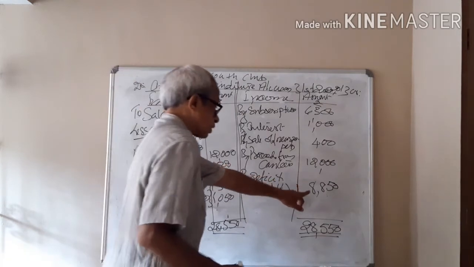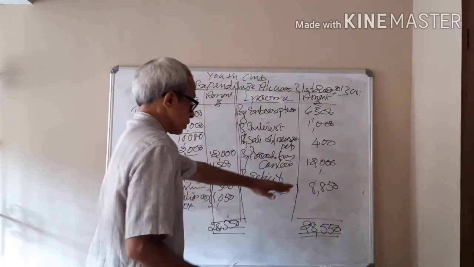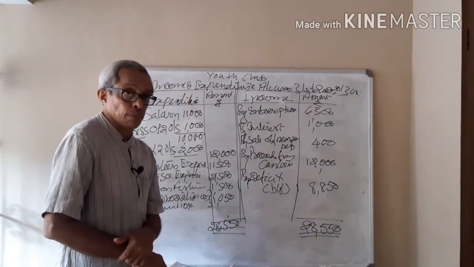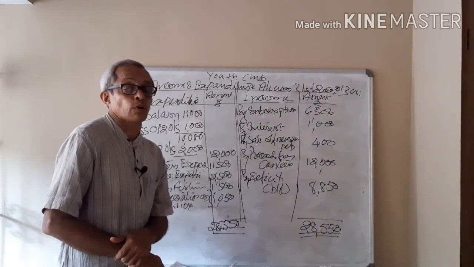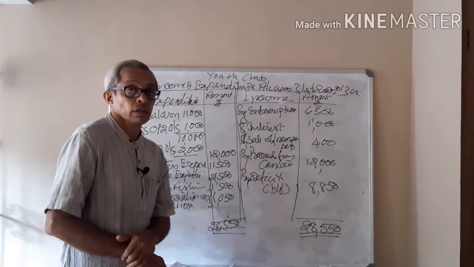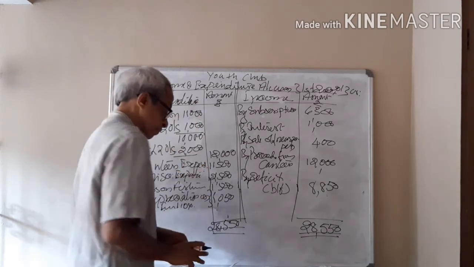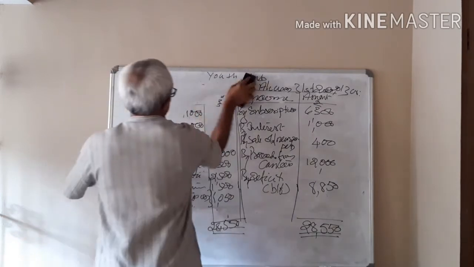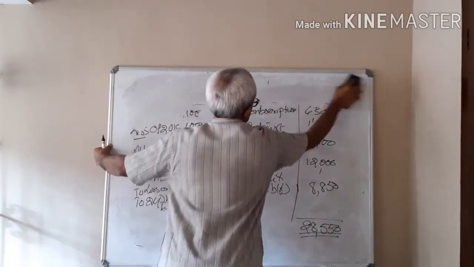Deficit figure is 8,850. This 8,850 may be shown on the liability side of the balance sheet by deducting the same from the opening balance of capital fund.